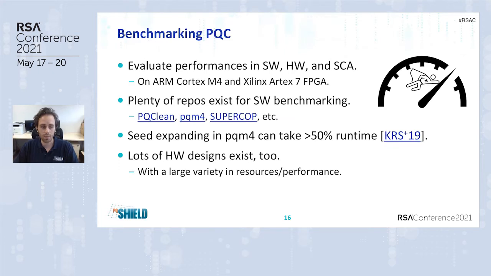One thing to note on the M4 is that up to 50% of the time, in not all, but a lot of these schemes, is spent on seed expanding, and I think this actually goes up to 70% for some of the signatures. We also collate a lot of the hardware designs that we've seen over the years on these candidates as well.